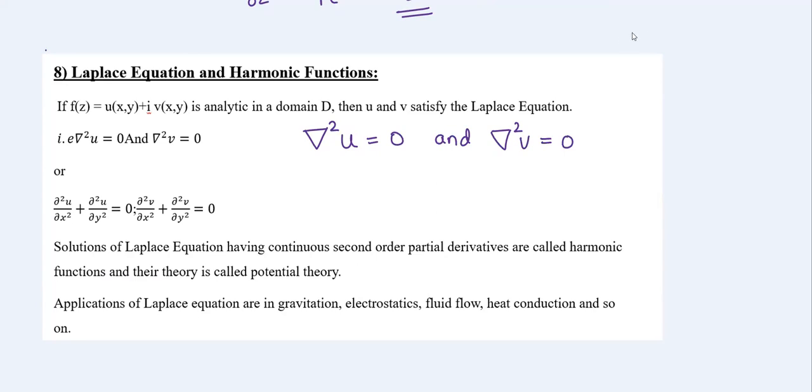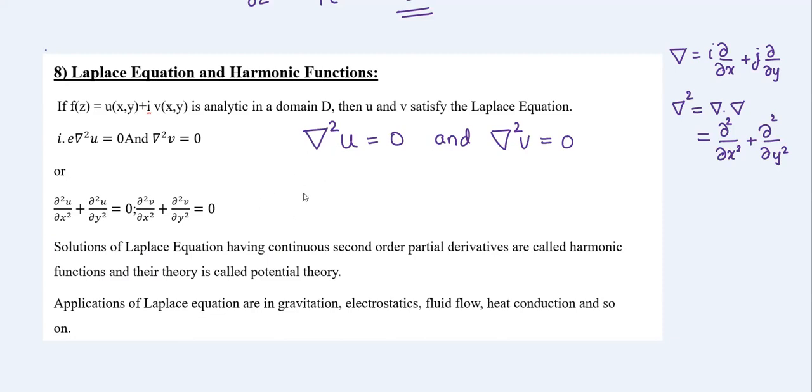If you remember, the del operator is a vector function. Now del square is del dot del. We get dou square by dou x square plus dou square by dou y square.